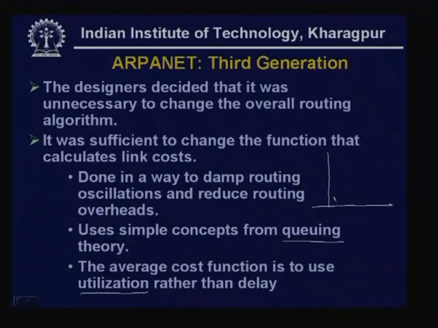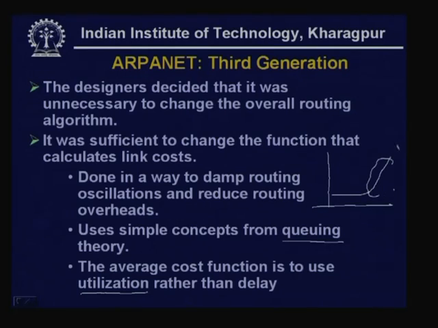Whenever the load was small, it was essentially based on distance vector routing. That means, as the utilization is initially small, it was based on distance vector routing, and then as the utilization increases, it goes in this region.